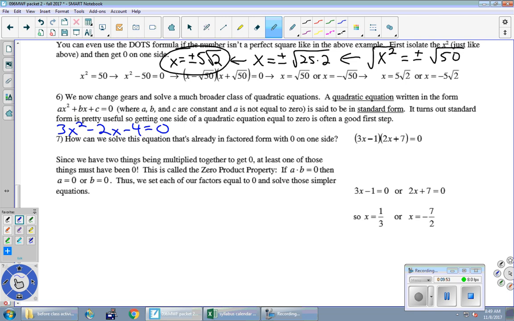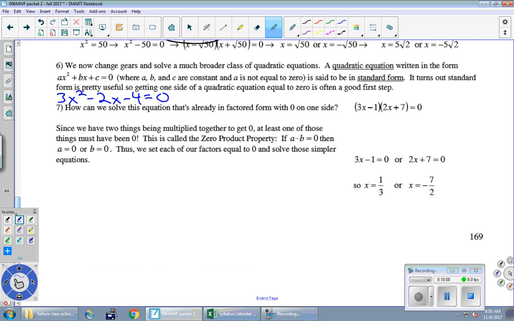The a is the number 3, b is negative 2. You got to make sure you grab the sign. And how much is c? Not just 4, but negative 4, okay? A, B, and C. All right, so we're going to learn how to solve these kinds of equations today and in the next class. So let's take a look at number 7.